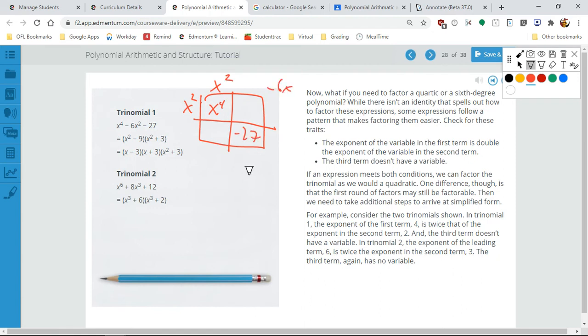I have a negative 6 here. This negative 6 tells me the biggest number has to be negative. So I'm going to try negative 9. And I'm going to try positive 3. So as you can see here, it's almost the exact same as if this wasn't a fourth. And then what they do here is this right here is going to be those.